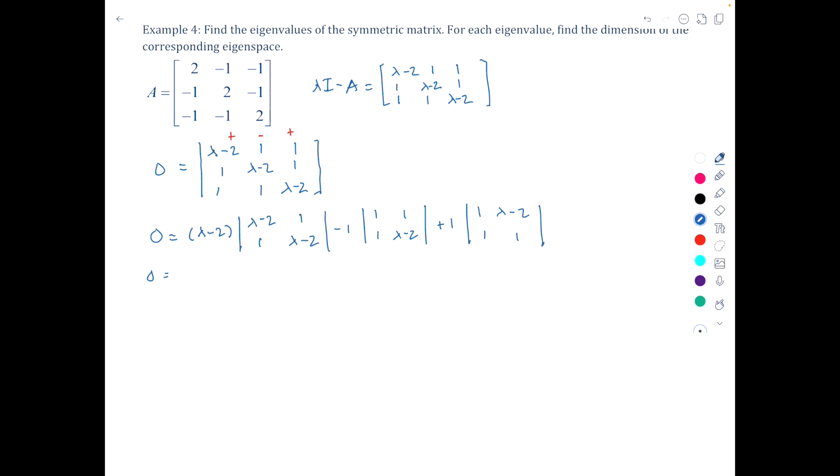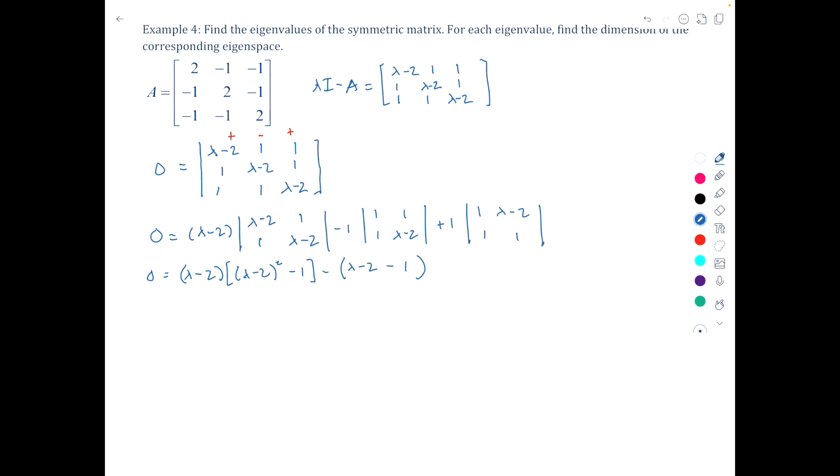So we will have lambda minus 2 times lambda minus 2, the quantity squared, minus 1, minus 1 minus quantity lambda minus 2, nope, I flipped it, sorry. That would be lambda minus 2 and then minus 1.